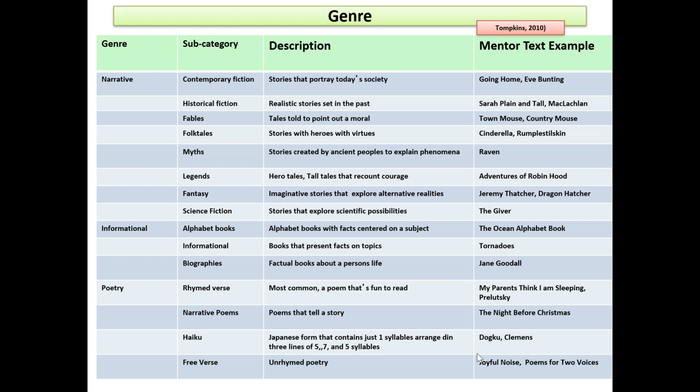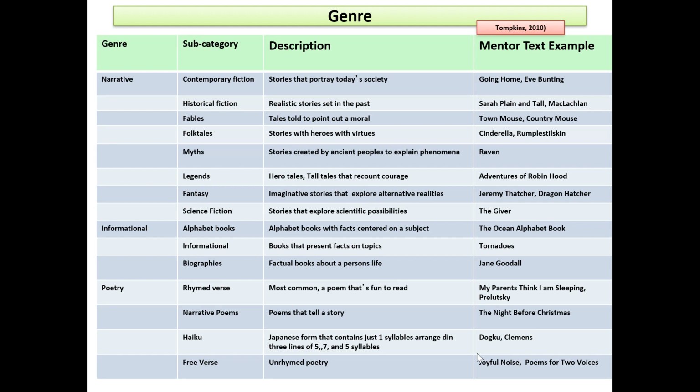First, we look at genres, and in our example here, a genre that we're going to look at 3: the narrative, the informational, and poetry genres. Here you'll see subcategories of each, a quick description of each, and then some mentor text examples that you could potentially use in your class if you were teaching such genres.